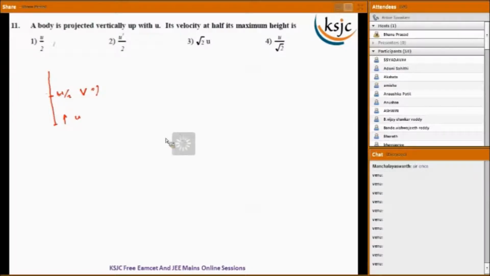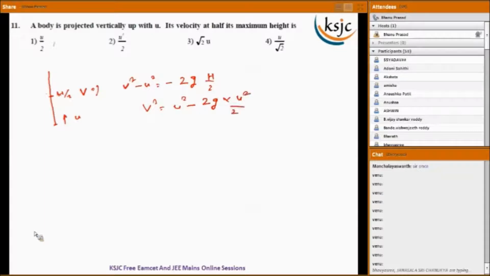So let's calculate this as v square minus u square equals minus 2g, and here we are writing h by 2. Now let's simplify this. v square equals u square minus 2g into h, where h can be written as u square by 2g, and this is 1 by 2.